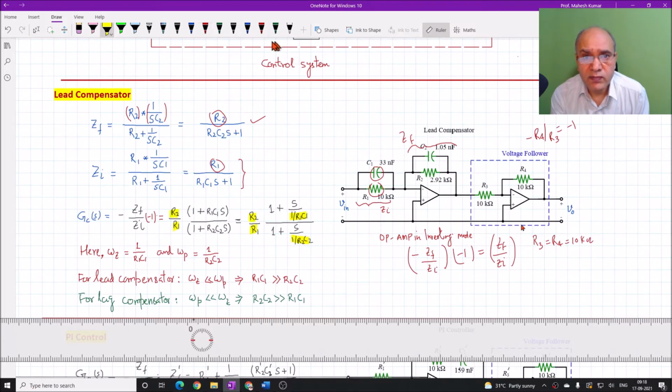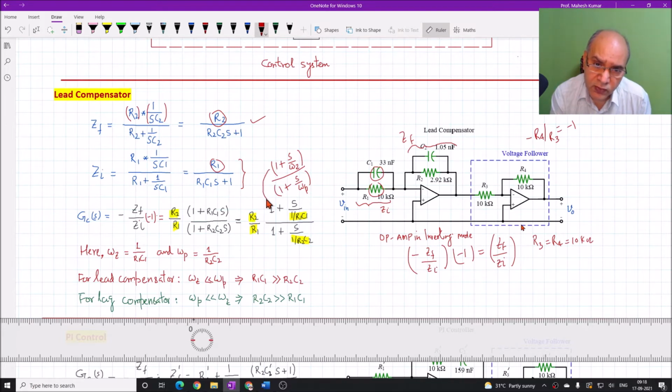This is of the form that you have studied earlier, that is 1 plus S by omega Z divided by 1 plus S by omega P. So we want to write it in this form so that we can solve for the parameters R1, C1, R2, C2 in order to design this whole circuit. So this is the value of omega Z and this is omega P.